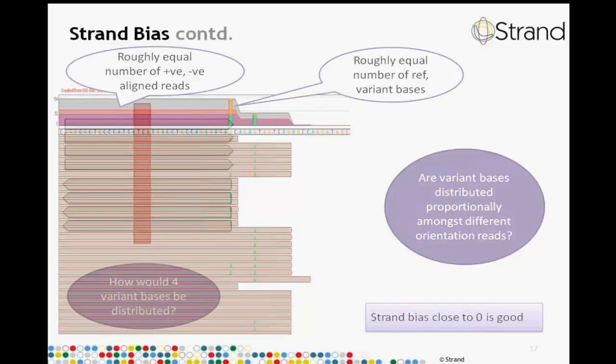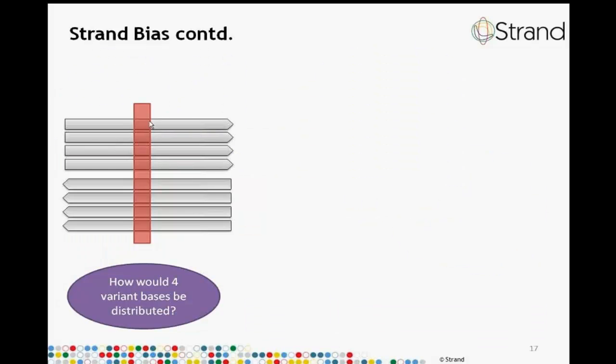To make this a little bit more clear, let's take a look at this cartoon. Suppose we have 8 reads overlapping a variant location, and we know that there are 4 variant bases amongst these 8 reads. How would we expect the 4 variant bases to be distributed? Since there are 4 variant bases and 8 reads, the probability that a variant base occurs in a read is half. So here we have 4 reads in the positive orientation. We would expect half of them to have the variant bases.